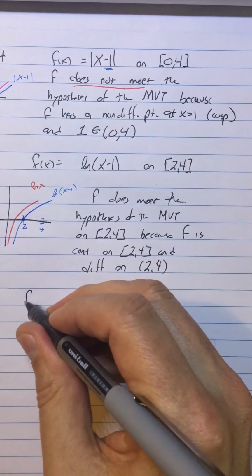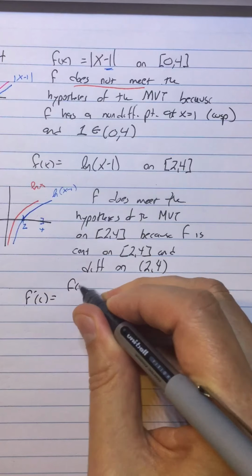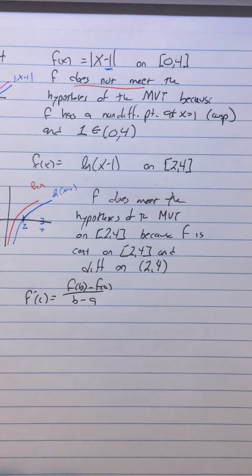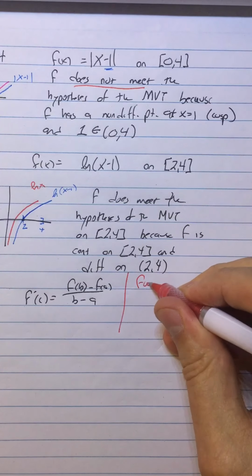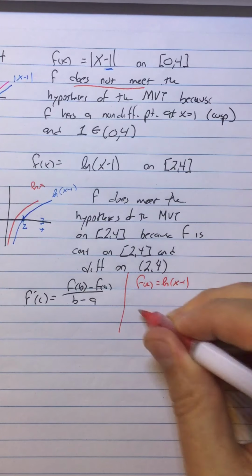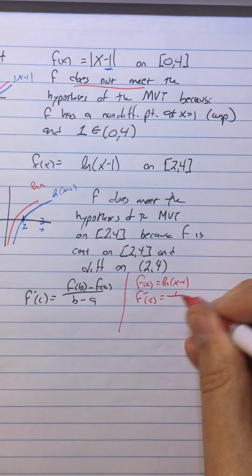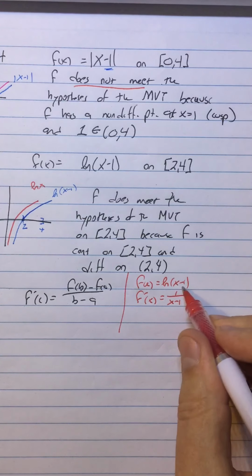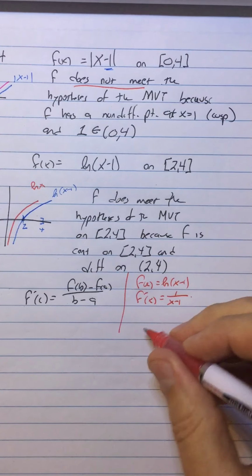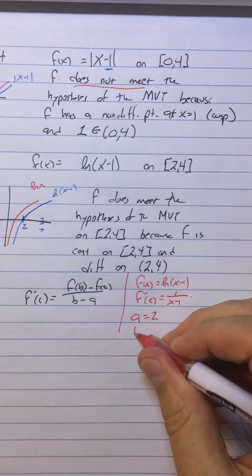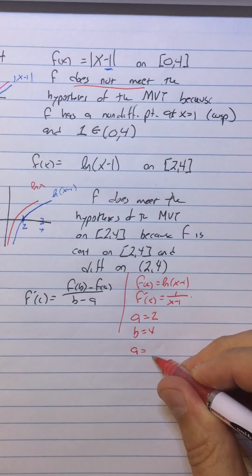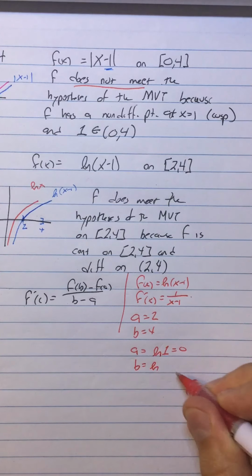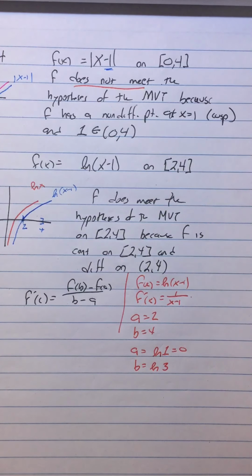We need to solve f prime of C equals f of B minus f of A over B minus A. If f of x is ln of x minus 1, then f prime of x is 1 over x minus 1 times 1, because there's a chain rule. This is an inside function, but its derivative is simply 1. Then a is 2, b is 4, f of a is ln of 1, which happens to be 0, and f of b is ln of 3, which we'll just leave as ln 3.